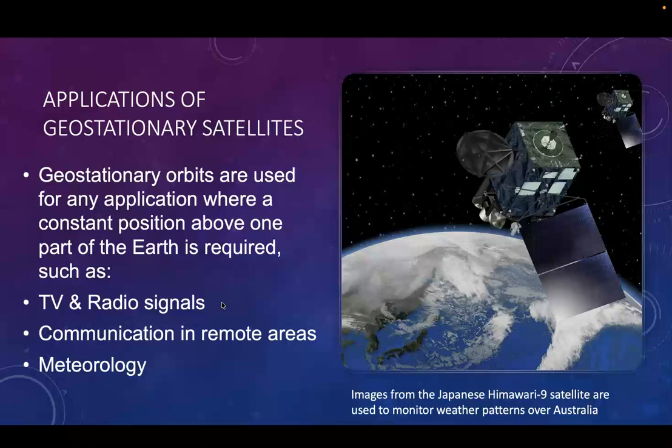So it can't be used for a lot of things we use surveillance satellites for, but it is particularly good for meteorology, which is basically the science of weather forecasting. So the Bureau of Meteorology, or the BOM, the Australian government organisation that does weather prediction and weather monitoring, uses signals from a Japanese geostationary satellite called Himawari 9.